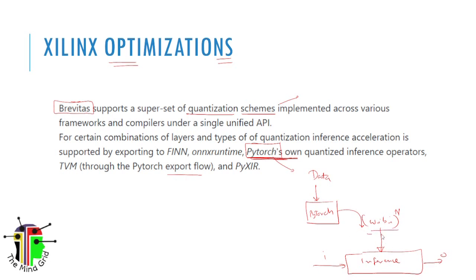But the point is, you have optimized these weights and biases. Let's say they were 32-bit floating point, and now you've converted them to, let's say, 8-bit fixed point. So you have saved 24 bits per operation, and basically it's 24 times 2 maybe, because you have weights and inputs multiplied together.